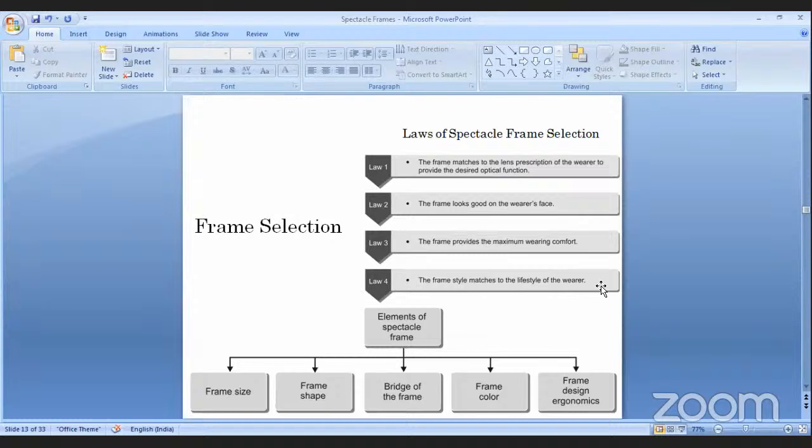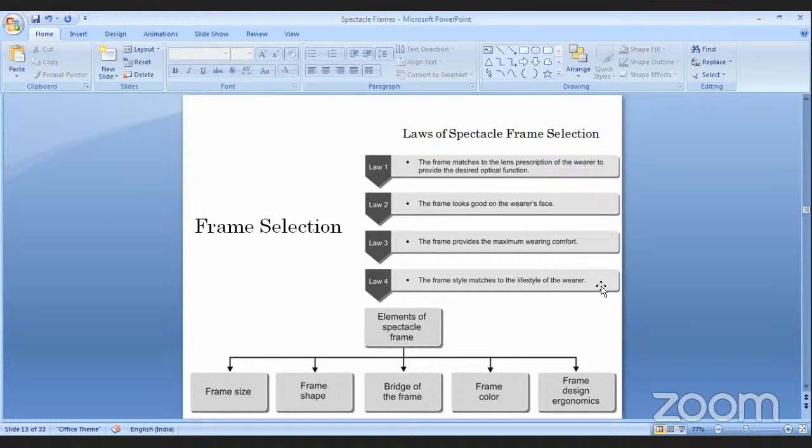If the spectacle frames are not correctly selected and fitted, then even the best refraction will not provide the desired results. It implies that a dispensing optician needs to go beyond the paradigm of techniques and science of dispensing to understand the basic conceptions of shapes, colors, and styles. Based upon this, we can devise the laws of selecting the ideal frame for a given spectacle.